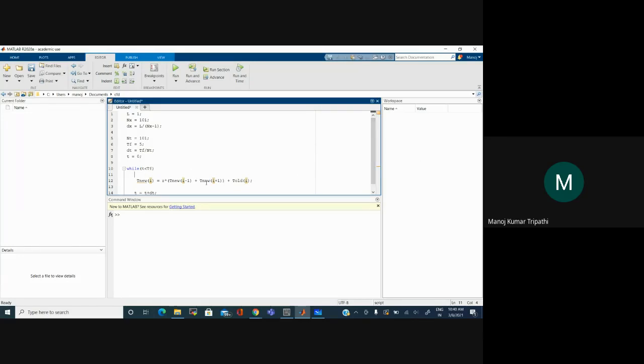So let us define what is i. i is the space. So you have to go to all the space points for i equal to 1 to nx. But 1 and nx we already know. These are the boundary points. So we'll go from 2 to nx minus 1, similar to what we did earlier.